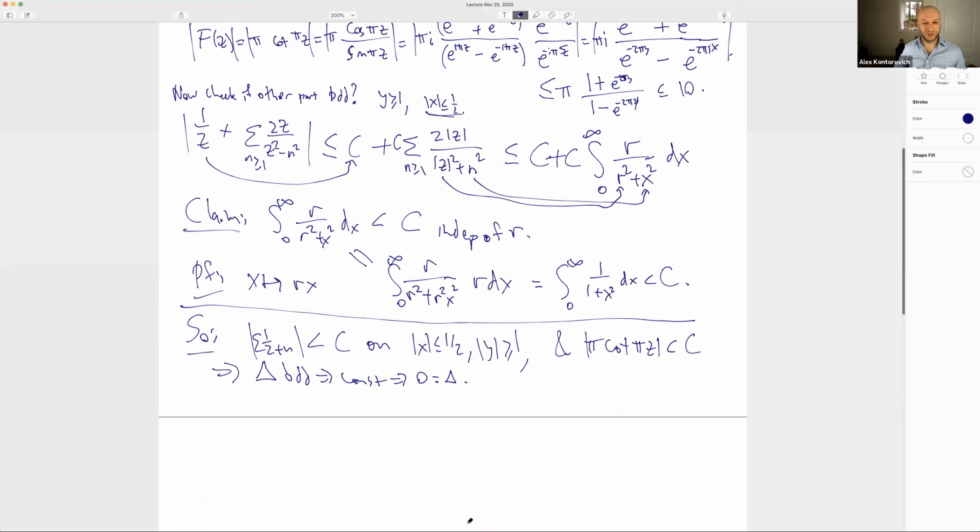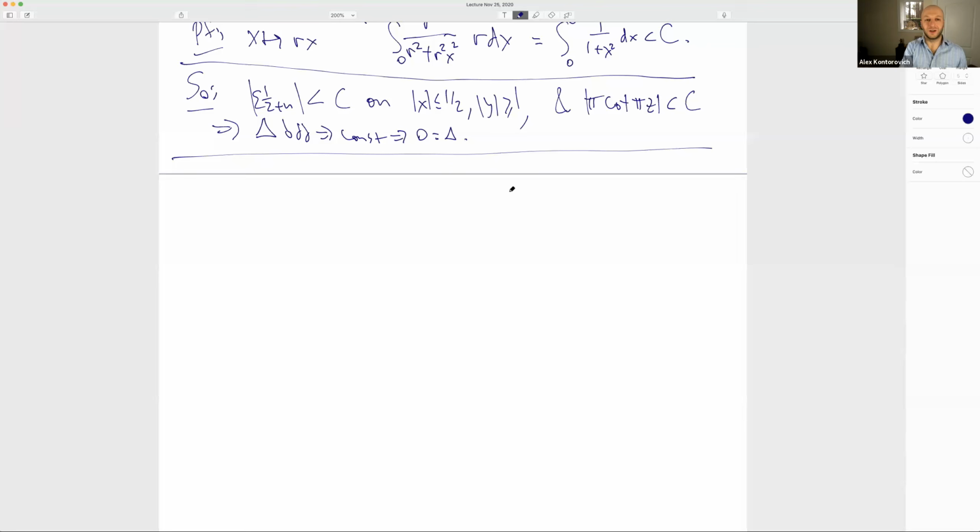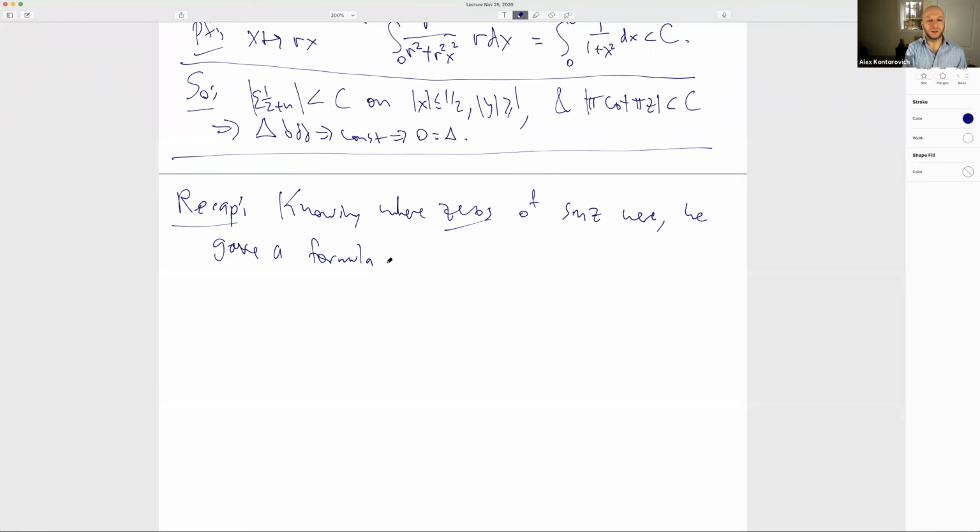Let's recap. The key ingredient was knowing where the zeros of sine z were. We gave a formula, namely that sine z was the product over 1 minus z over pi n, over all n, well, including 0, but 0 doesn't work that way.